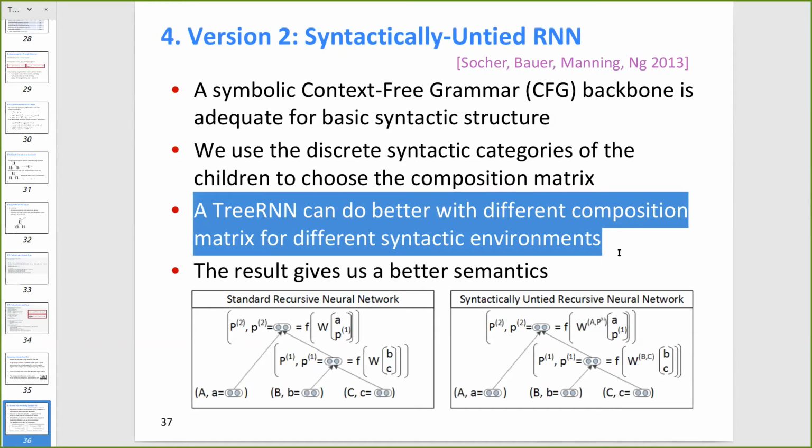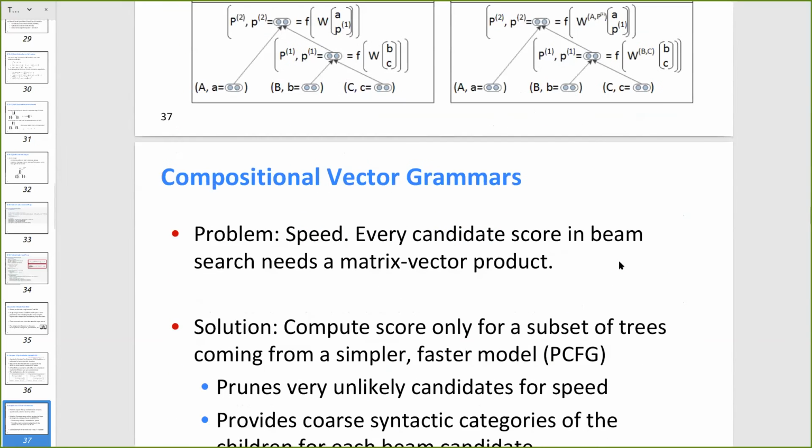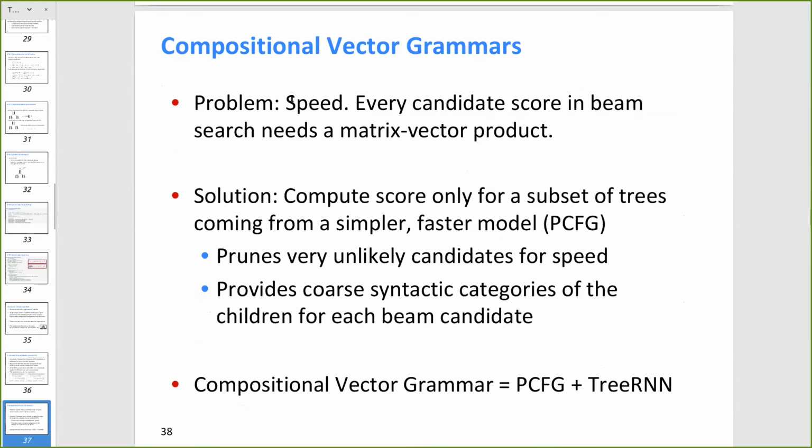So instead of having the same composition matrix for all the words when we are merging, maybe we can have different composition matrices for different components. This is the compositional vector grammar. The problem with it is that the candidate scores being generated need a matrix vector product.